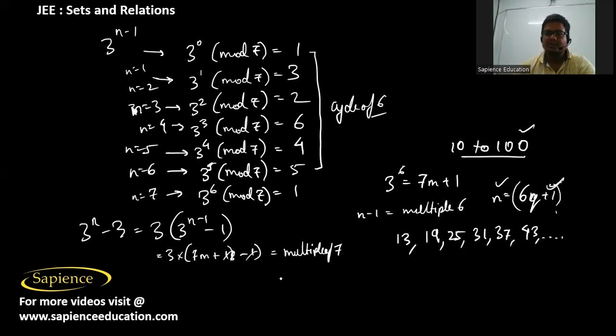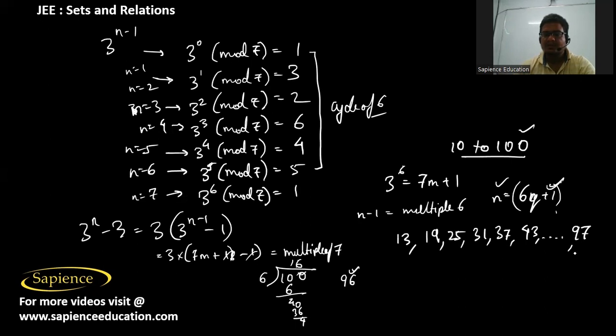If we divide 100 by 6, 6 sixteens are 96, so 96 is a multiple of 6. So we should take 97, which is of the form 6 into 16 plus 1.